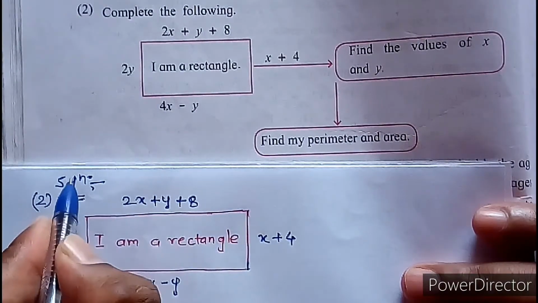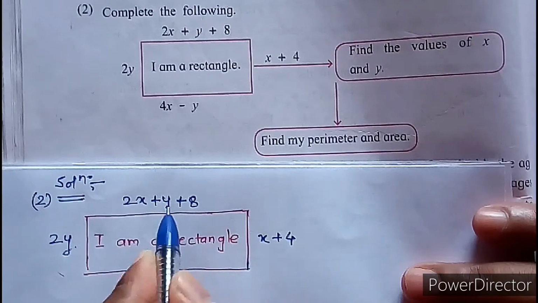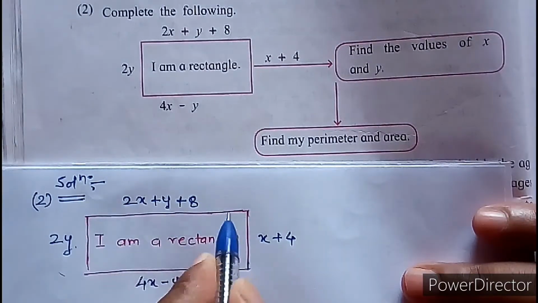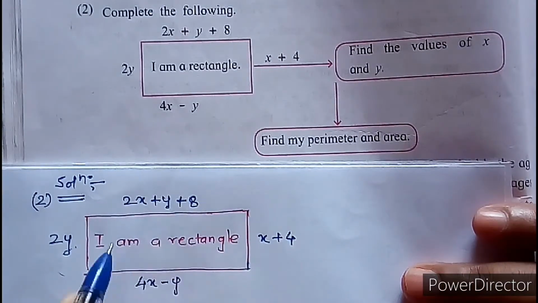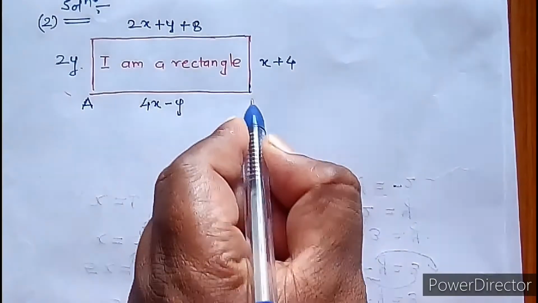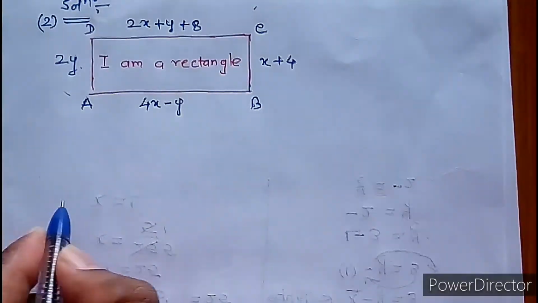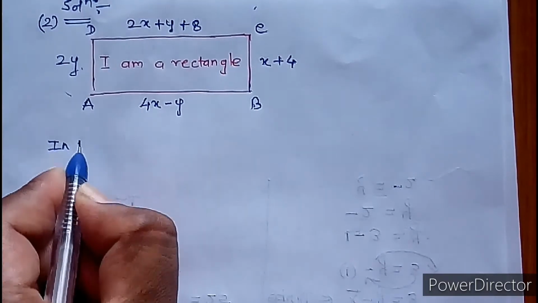Now in the solution part, draw this rectangle and label its length and breadth. This side is greater, that's why it is length and this is breadth. Let us suppose that this is rectangle ABCD.